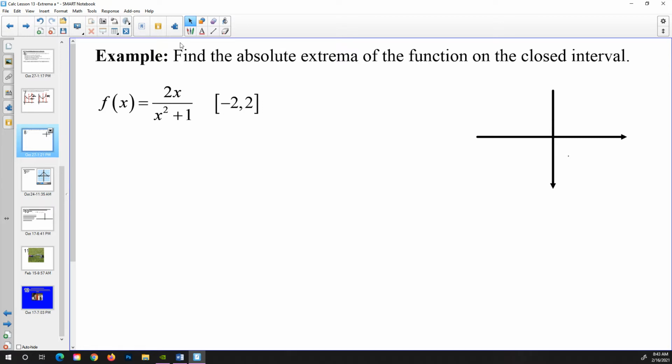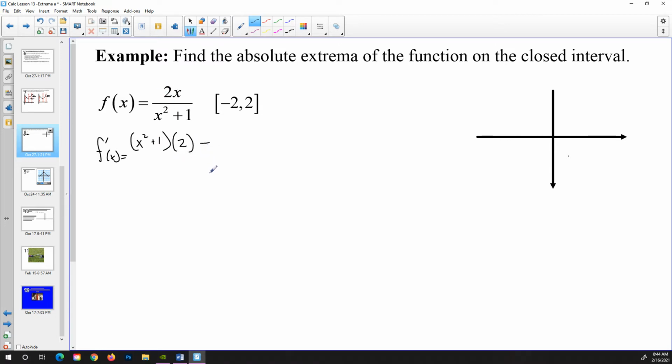So we need to find the first derivative. f prime of x, and this is a quotient, so it needs the quotient rule. We're going to go "Ho d hi": we take the bottom piece of the function and rewrite it, so x squared plus 1, and then the derivative of the top, which is just 2.